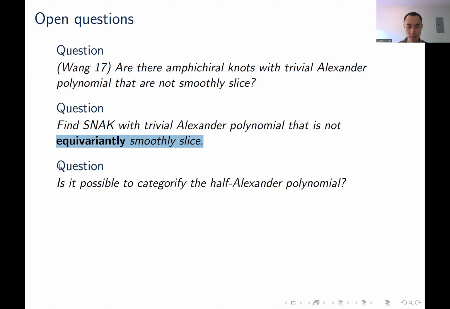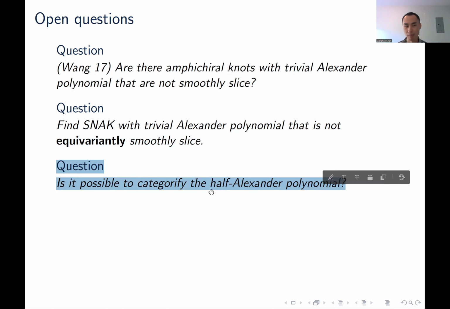And here's the last question. We know that knot Floer homology categorifies the Alexander polynomial. So is it possible to do the same thing for the half-Alexander polynomial? I think this question might be interesting because answering it might help with answering the second question.